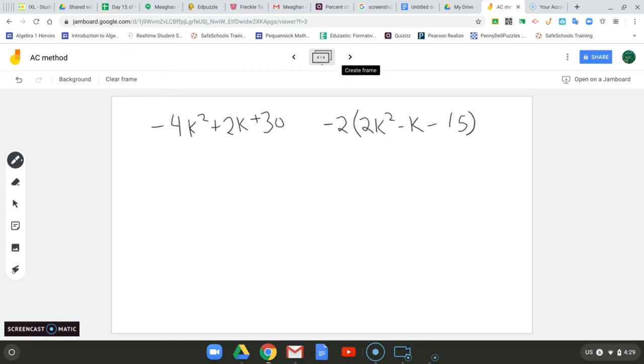Now from this, we're going to be factoring, but the only thing we're going to be worried about is what's happening inside the parentheses. That negative 2 is just going to come along for the ride.